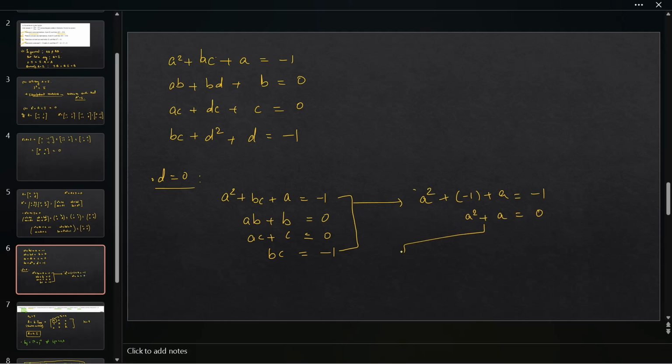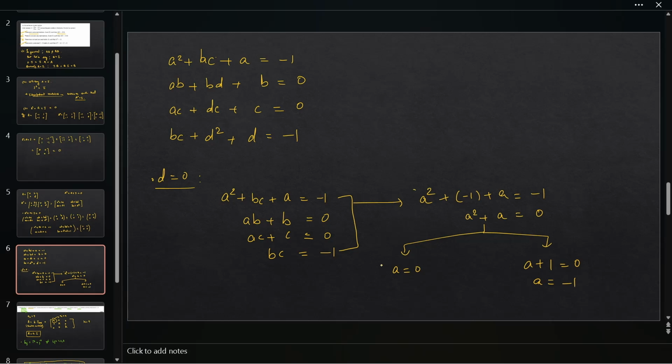So here I have 2 possibilities for A. Either A is equal to 0, or if A is not equal to 0, I can take A common from both sides, divide both sides with A, and then I'll be left with A plus 1 equal to 0, and here I will get A equal to minus 1.